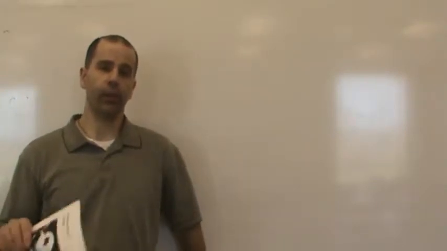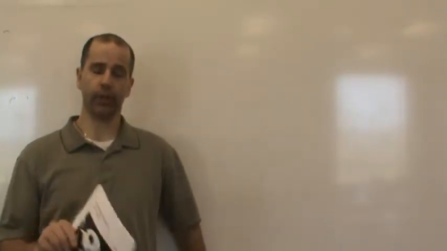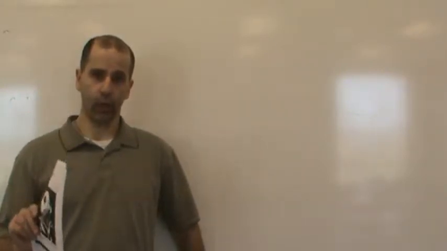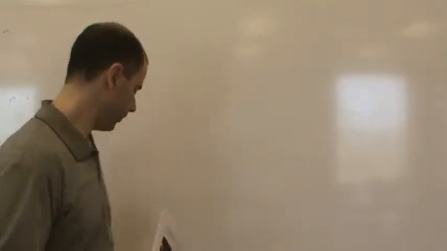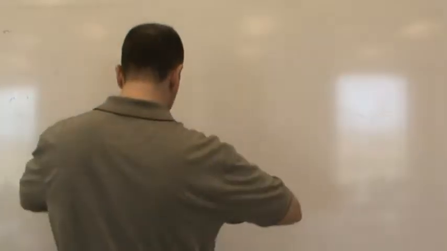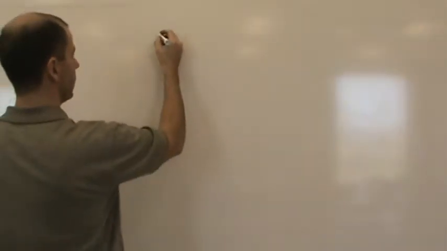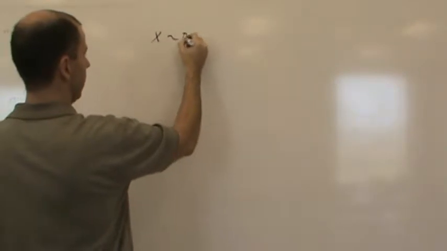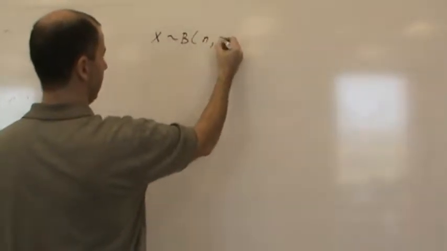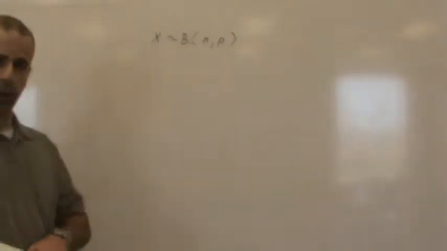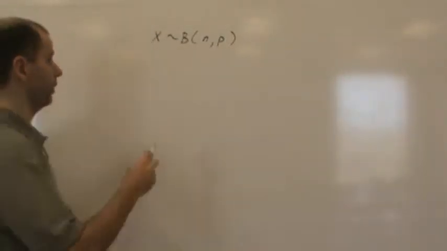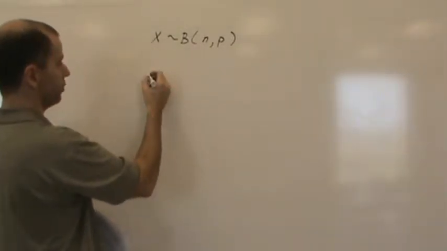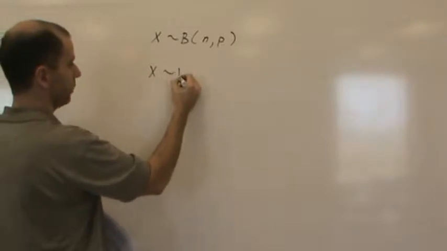So this is going to harken back to chapter 6, when we talked about the normal approximation for the binomial random variable. So we're going to look at the same thing. Okay, so remember, from chapter 6 we said, if we look at x as a binomial variable with n and p, then we could use a normal approximation, so x is approximately normal.